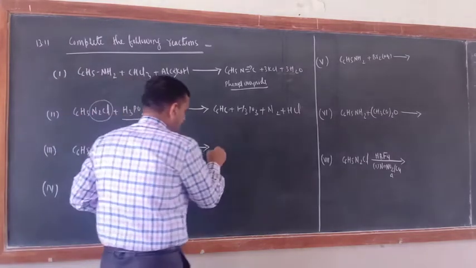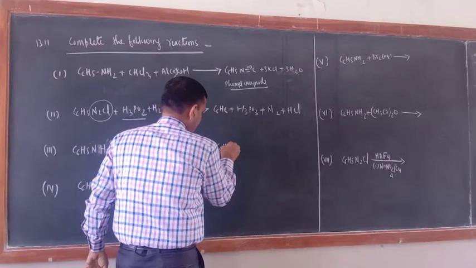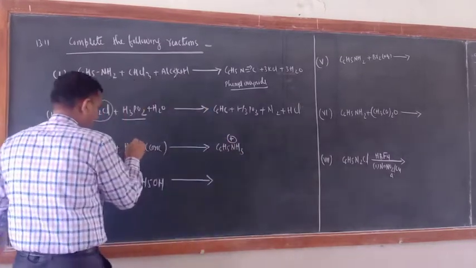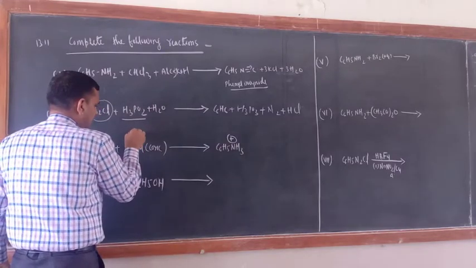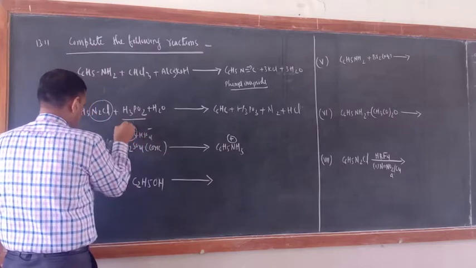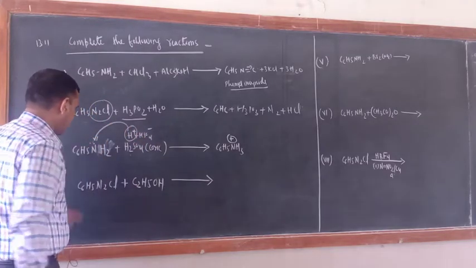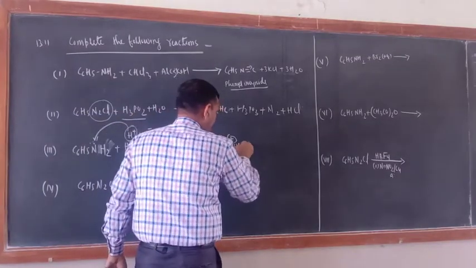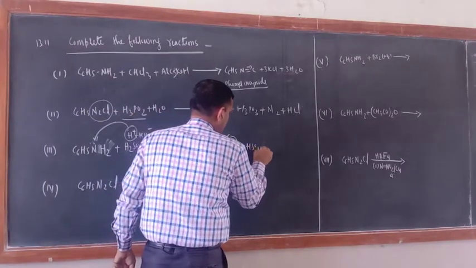How does the reaction take place? C6H5NH2, concentrated H2SO4 means H positive plus HSO4 negative. This H positive will come to the lone pair of electrons on nitrogen, so it will be converted into the anilinium ion, and here write HSO4 negative.